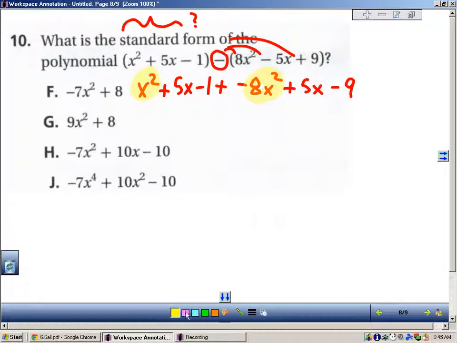those are like terms, 5x, and your constant. Okay, so I would group these. I forgot to put my equal sign.